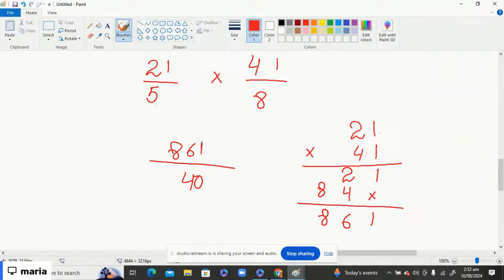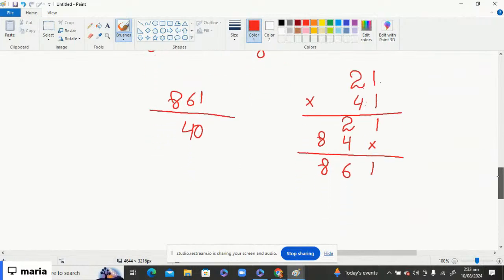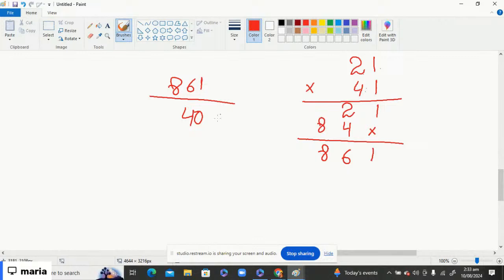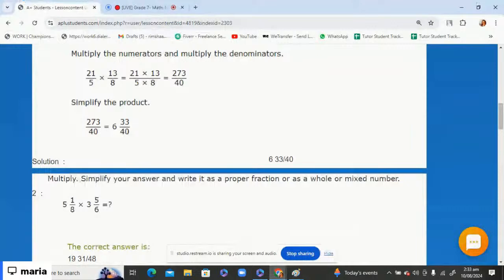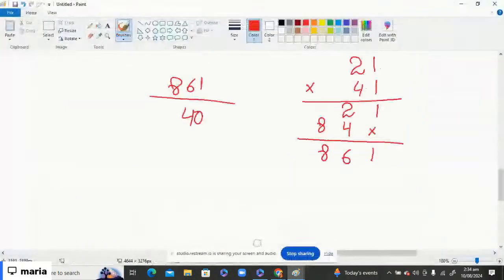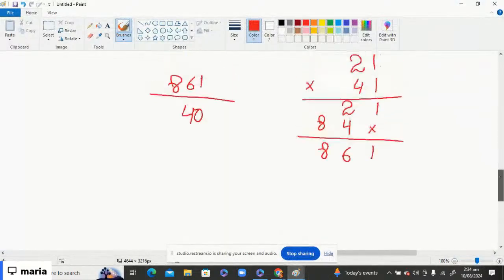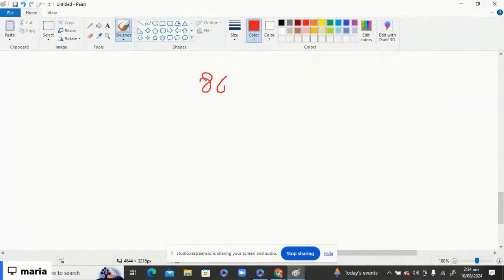You also divide this number, okay? Like the same thing we are doing here. We are just simply going to multiply the numbers, then we are going to divide it, okay? So when we divide those numbers, 861 over 40, let's check it out.